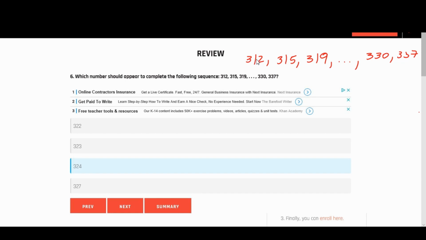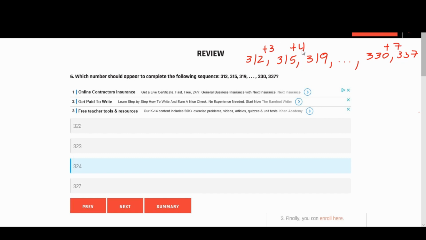I know to get from 312 to 315, you have to add 3. To get from 315 to 319, you have to add 4. To get from 330 to 337, you have to add 7. So it looks like this goes up by 1 every time.